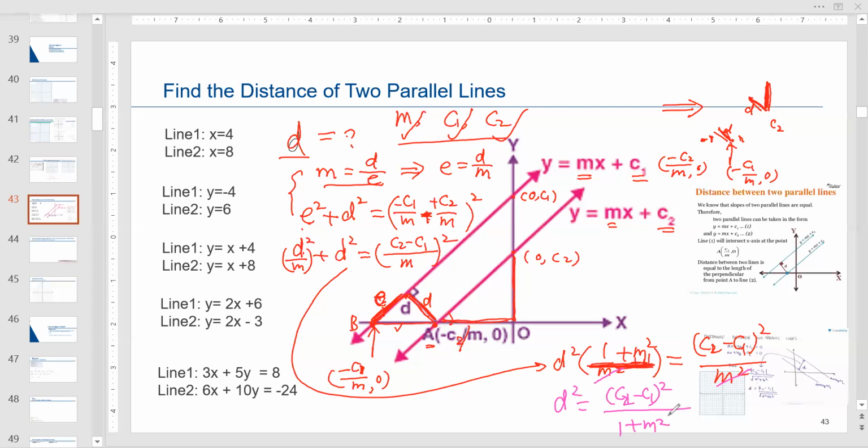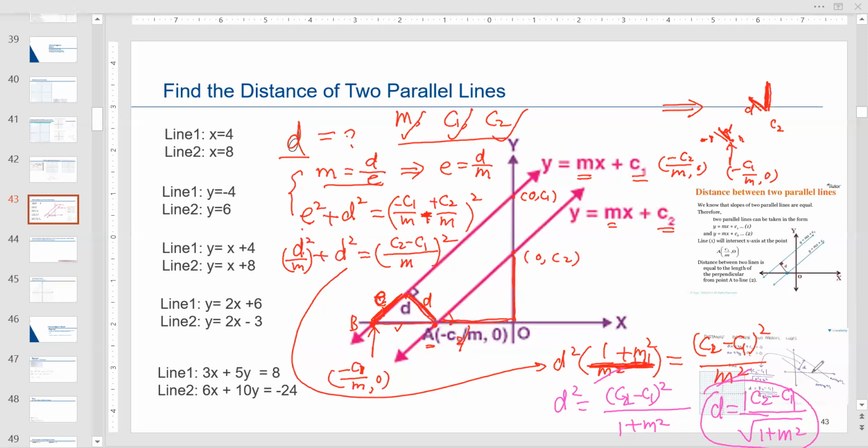All right, so both sides square root becomes C2 minus C1. After square root, we give it absolute value, should be positive, right? The bottom part is, that's it. So this is the formula we got.